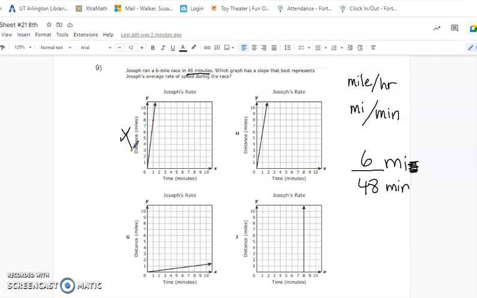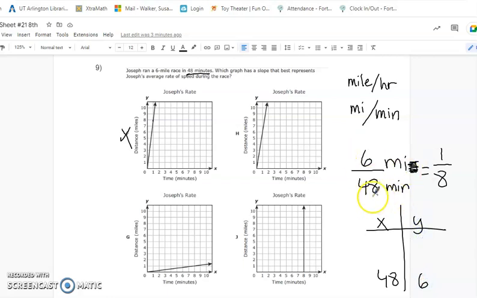So I would push this into your calculator, control divide, 6 down, 8 up, and when you simplify it, you should get 1/8. If I was thinking about this on a table, I could say 6 miles, 48 minutes, and I actually would do it opposite because remember time is x. 48 minutes will go 6 miles.